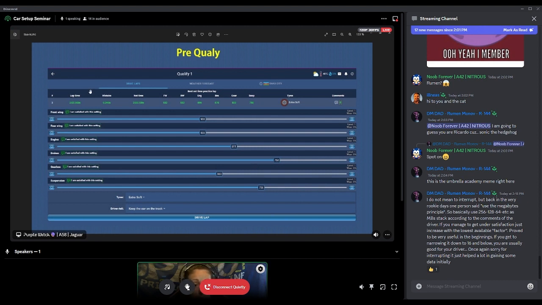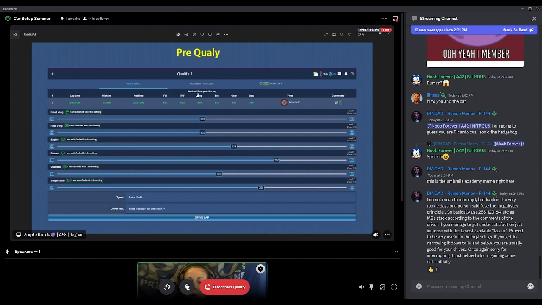Notice that the application is going to show us at the top a practice lap, one of the practice laps we did during the process. And it's going to pick the practice lap where the net time is the best. It's not necessarily a practice lap where the setup is the best.